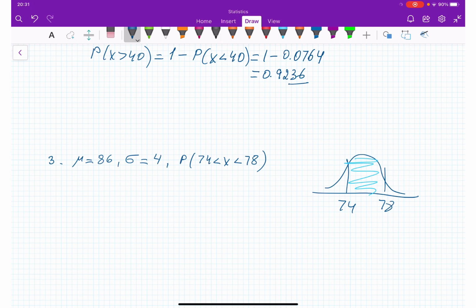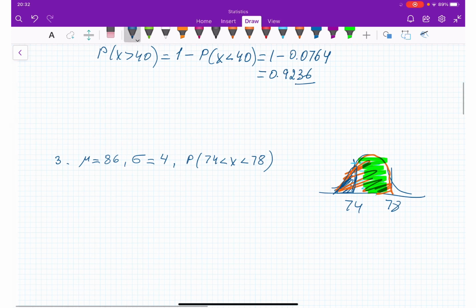So first of all, the 74 and 78 x's, I have to convert into z-scores. That's number one. Then I need to find the probability for the z-score less than this. And then I have to find the probability for the z-score that is less than from here. And then if I take this whole piece of area and do minus this small piece, I will get the area in between. So let's do it.